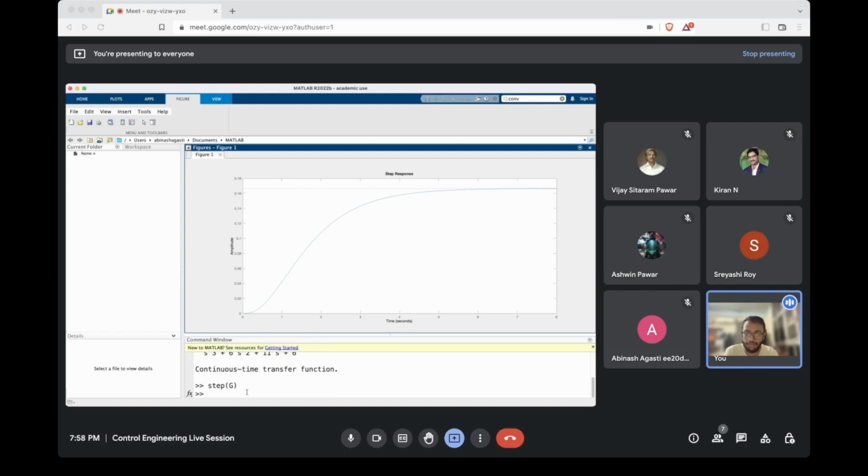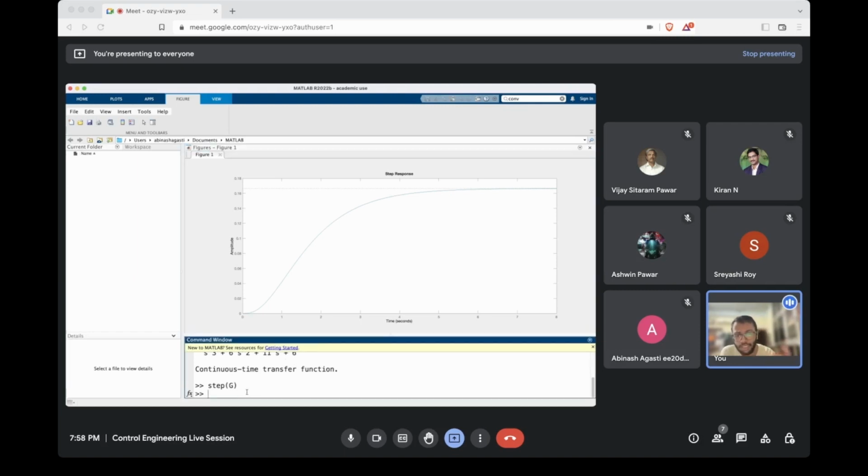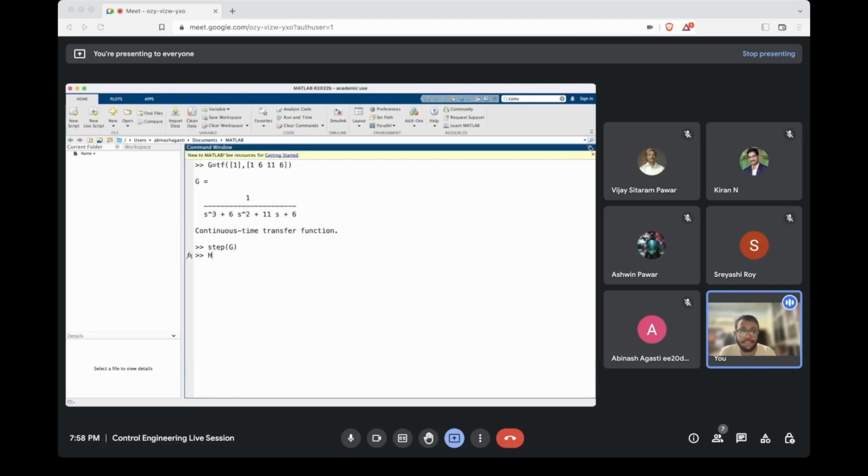Then we want to see the next step, that is let's take H as the next transfer function. H is equal to [1, -2] over the same polynomial, so we add one zero here. Let's see the step response.